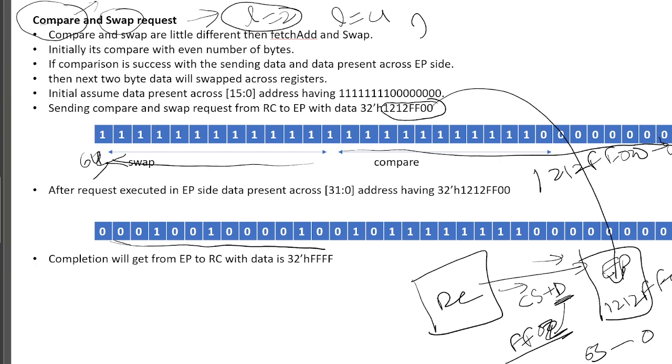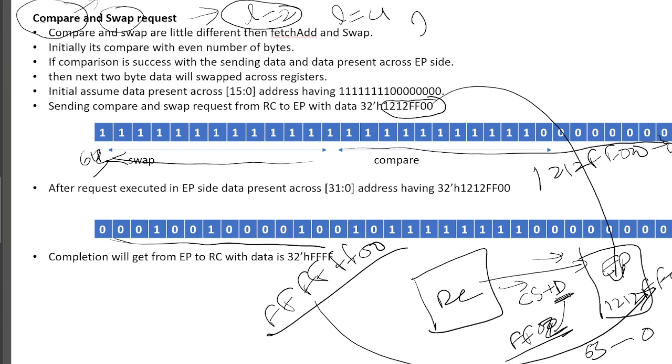So what data is present initially? This is the initial data present across the 0 to 63 locations.